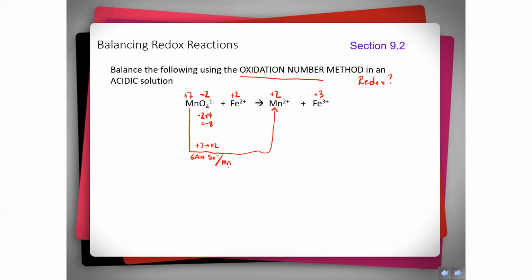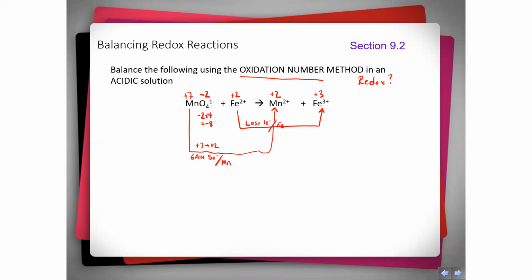So for every manganese ion, it's 5 electrons. Now iron went from +2 to +3. It got more positive. Therefore, it lost 1 electron for every iron atom.